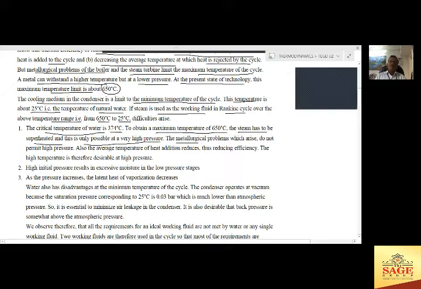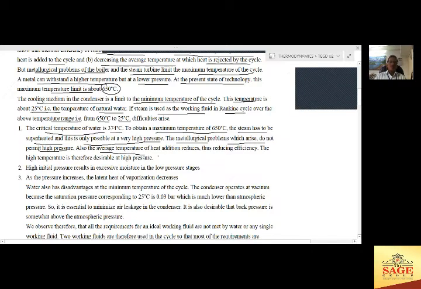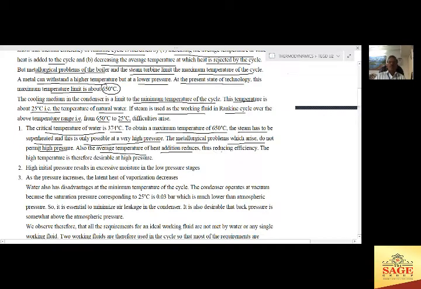The metallurgical problems which arise do not permit high pressure. The metal can withstand high temperature, but it cannot withstand high pressure. So the average temperature of heat addition reduces, and if the temperature of heat addition reduces, it will reduce the efficiency of the cycle.